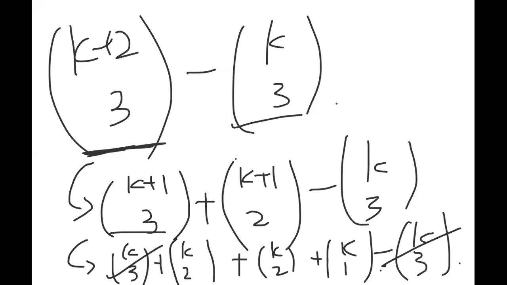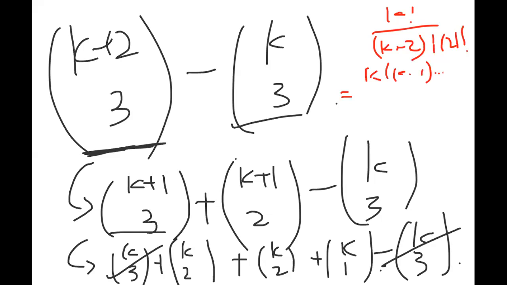And k choose 2 is equal to k factorial divided by k minus 2 factorial times 2 factorial. Let's simplify this. k factorial is k times k minus 1 all the way to 1. k minus 2 factorial starts from k minus 2 all the way to 1. And then there's a 2 factorial.